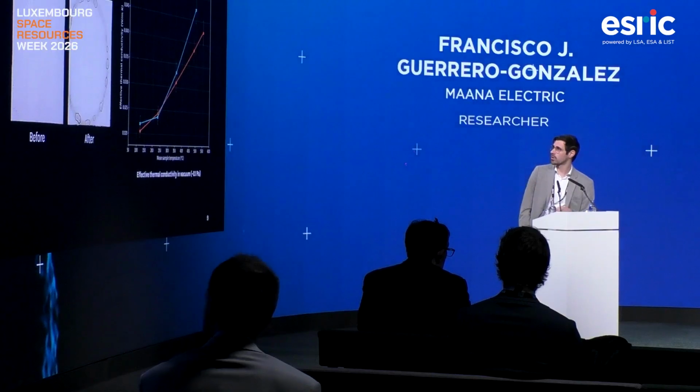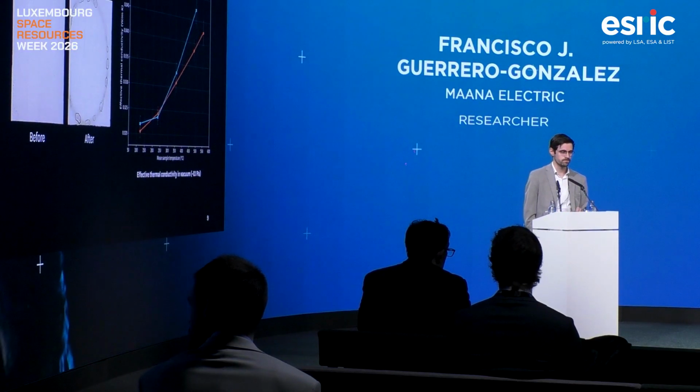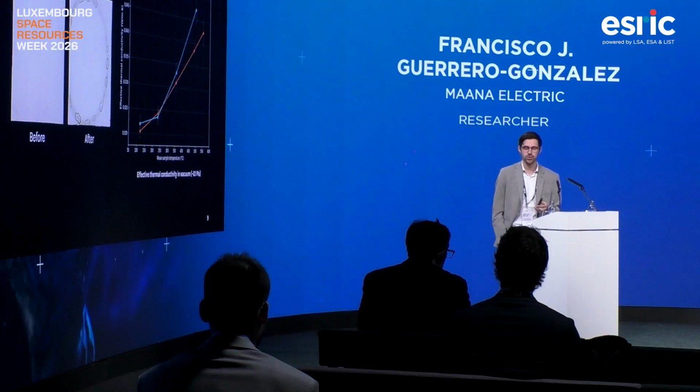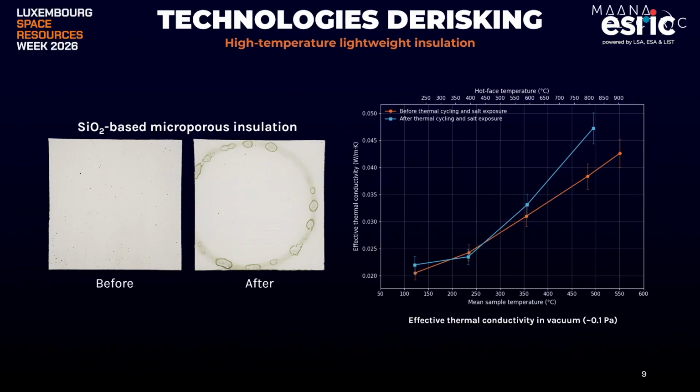And as part of this contract in particular, we have been looking into how salt vapors affect the thermal conductivity of the materials itself. So you can see in the plot here on the right that there is not a huge difference at lower temperatures. So salt deposition doesn't affect the thermal conductivity of the material much at low temperatures, but as soon as you reach the melting point of calcium chloride, which is around 770 degrees, you see a bump of around 50% increase in thermal conductivity.